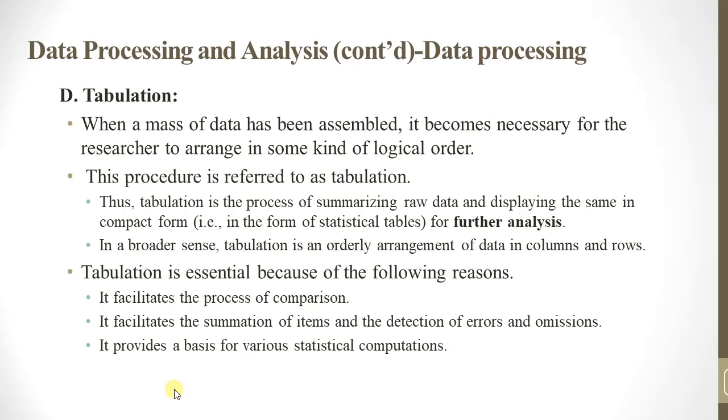Thus, tabulation is the process of summarizing raw data and displaying it in compact form, that means in the form of statistical tables, for further analysis. In a broader sense, tabulation is an orderly arrangement of data in columns and rows.